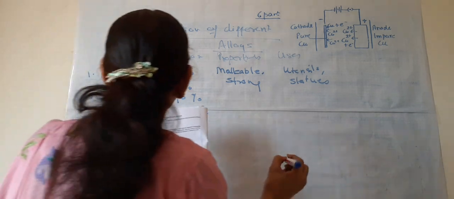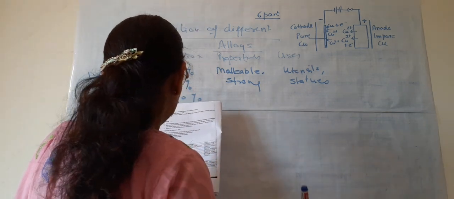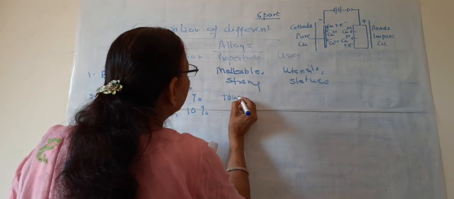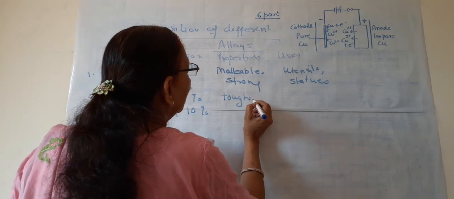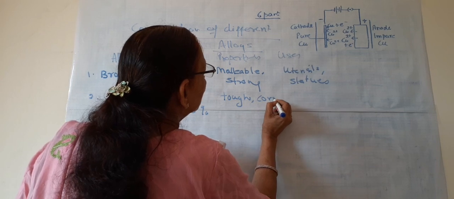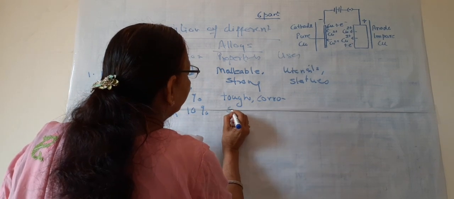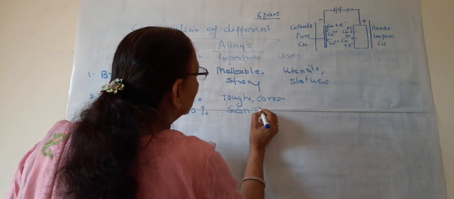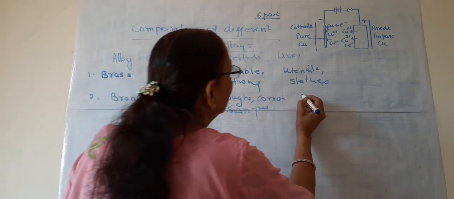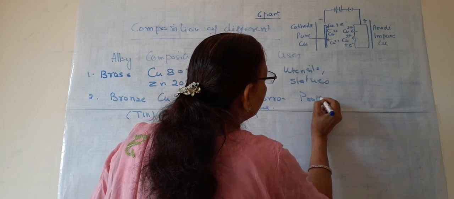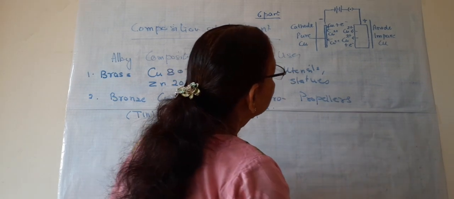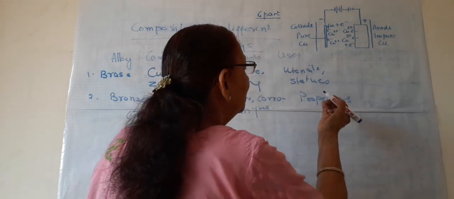Tin, Sn, is 10%, and bronze is 90% copper. This is a very tough alloy and also corrosion free, and it is used in a very important way for making propellers of ships, and other propellers.